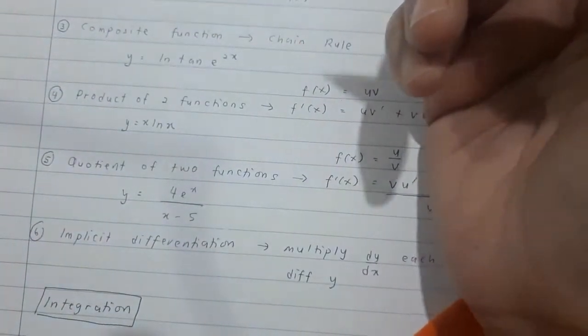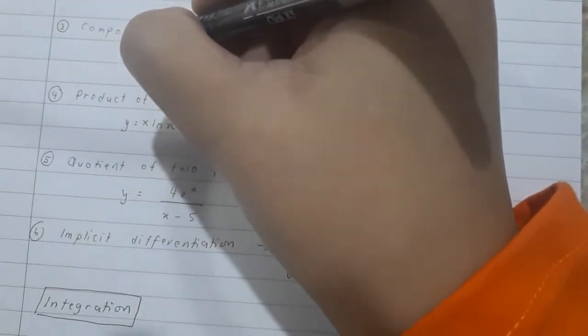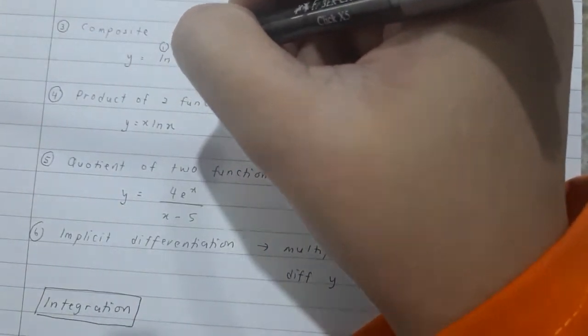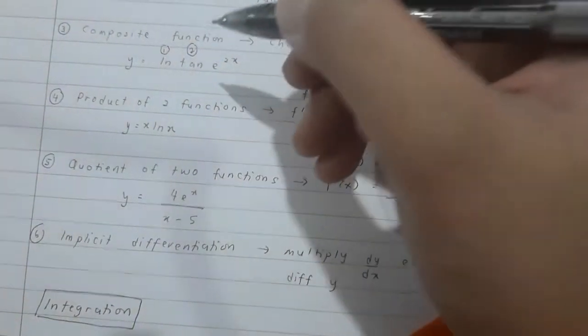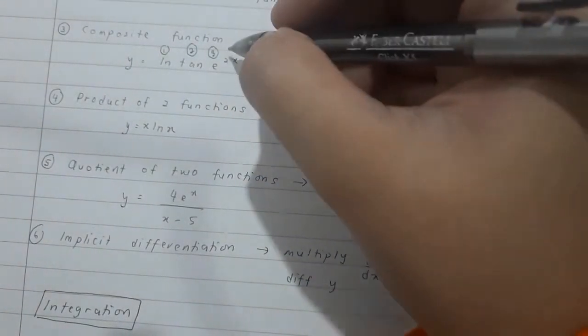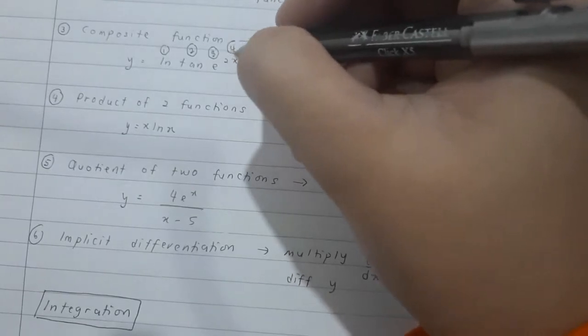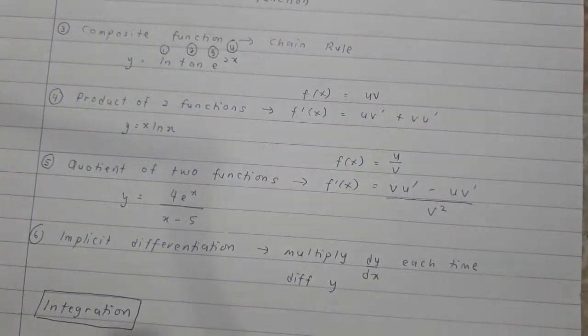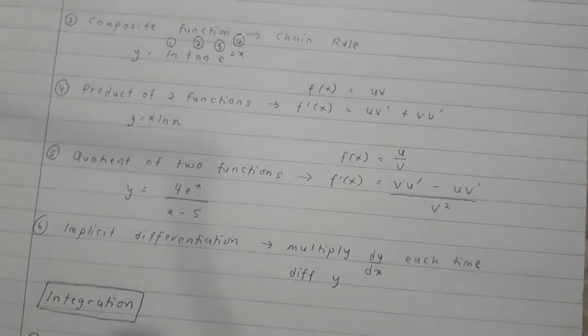To solve the differentiation using the chain rule, number 1, differentiate ln, and then multiply. Number 2, differentiate tan, and then multiply. Number 3, differentiate the exponent, and finally multiply. Number 4, differentiate 2x. So the third method is, when we are given a composite function, we can differentiate by using the chain rule.